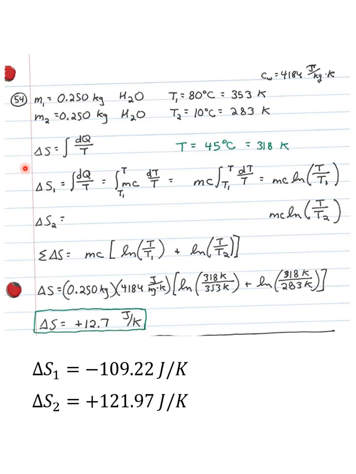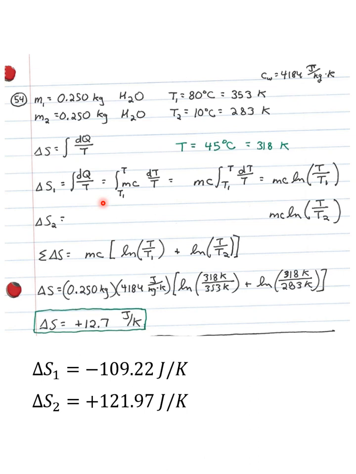Integral of dq over T. We'll first deal with the hot water, which I've called delta S1. So for water 1, it's the integral of dq over T. I went through this in the lecture video, so I'll go through it a bit more quickly here, but you can refer back to my explanations in the lecture video.